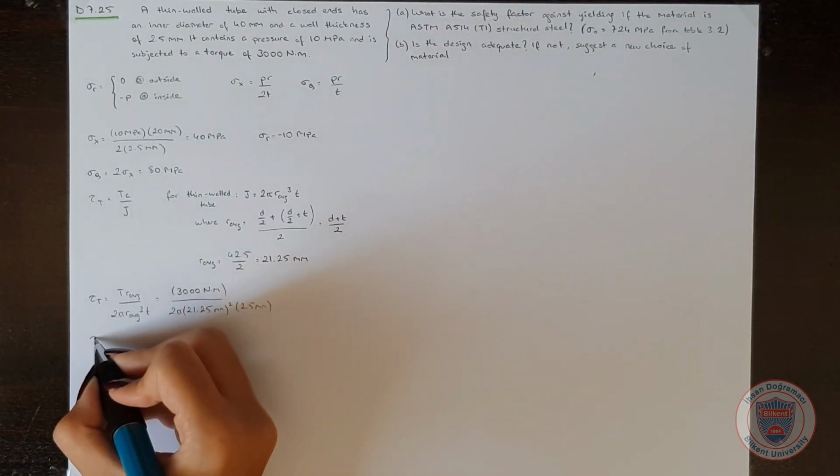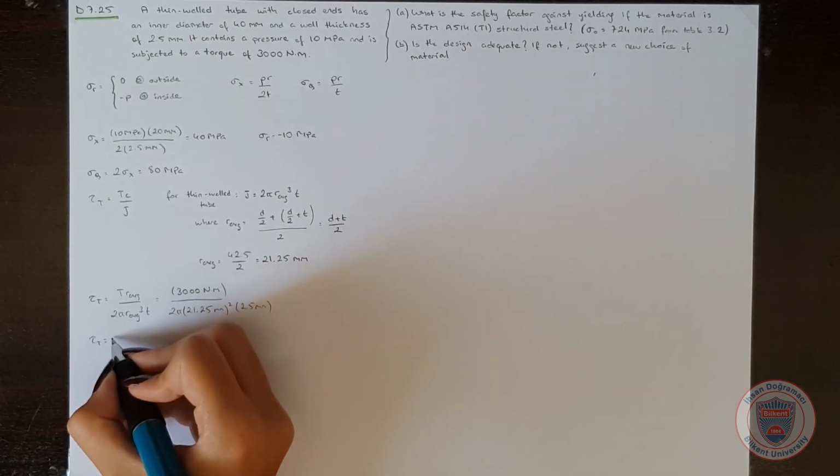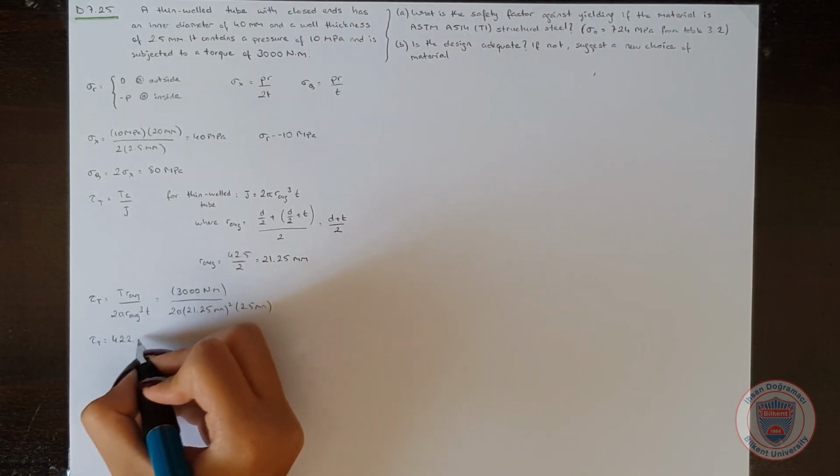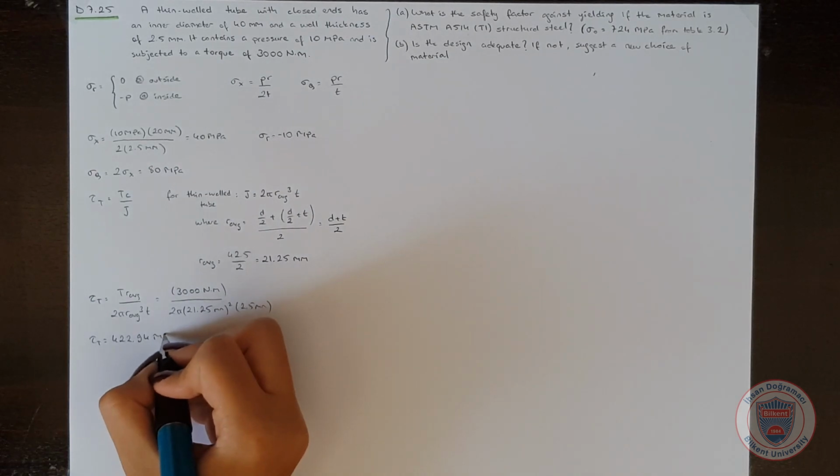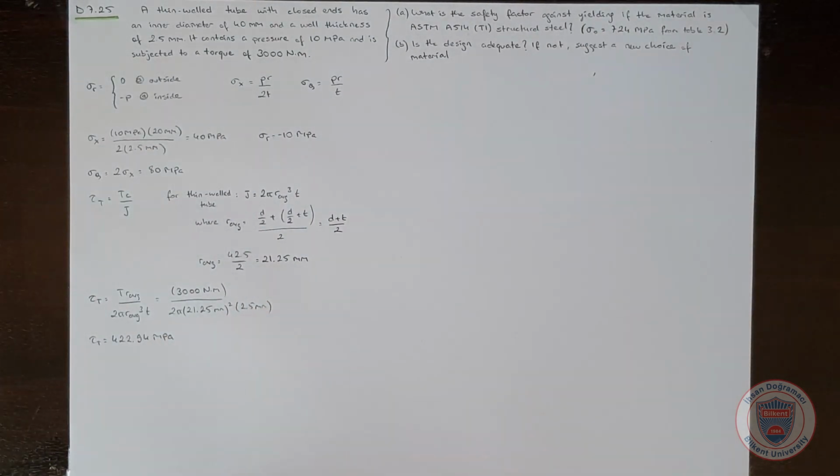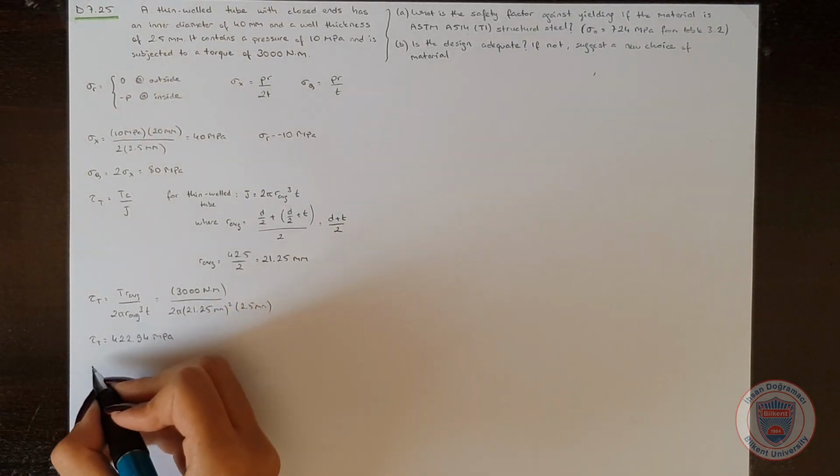And we obtain tau T as 422.94 MPa. Since we know the stresses, we can now calculate the principal normal stresses.